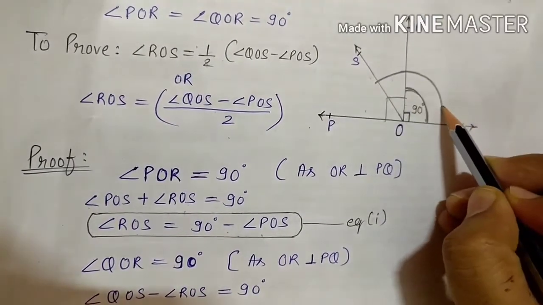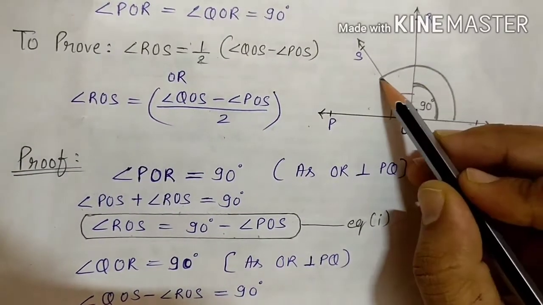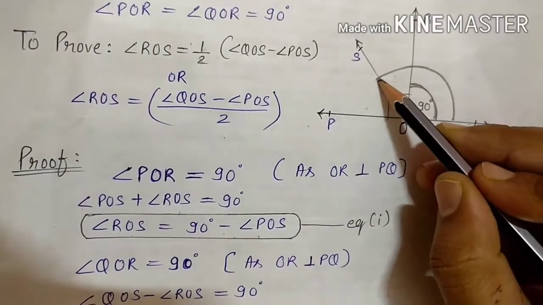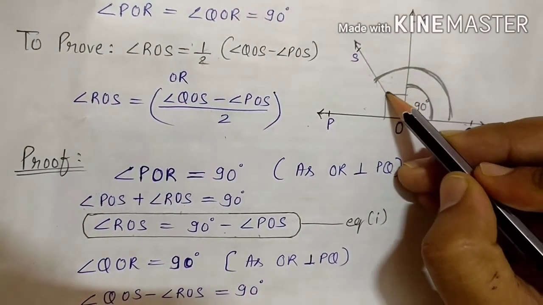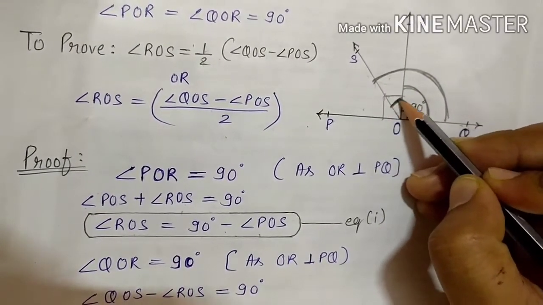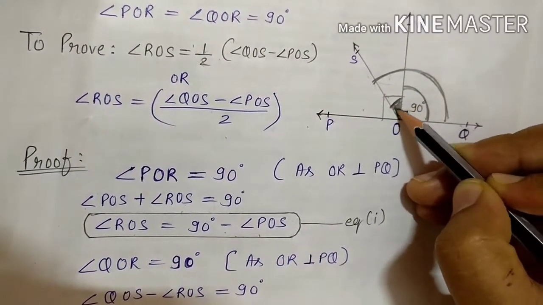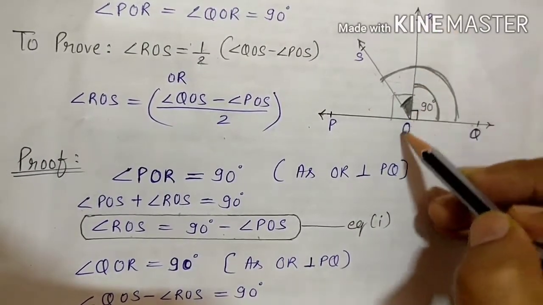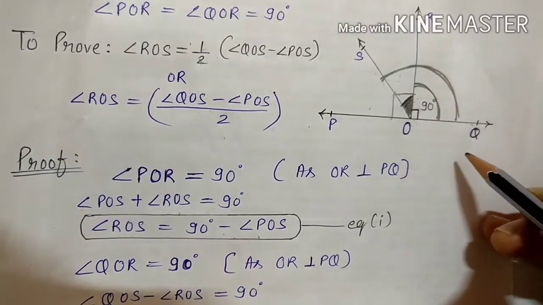Again pay attention: from QOS, the full angle, if we subtract this much part, this is what I am shading here, ROS. If we subtract this ROS from this whole, what will be left? QOR only, or you can say ROQ, same thing.